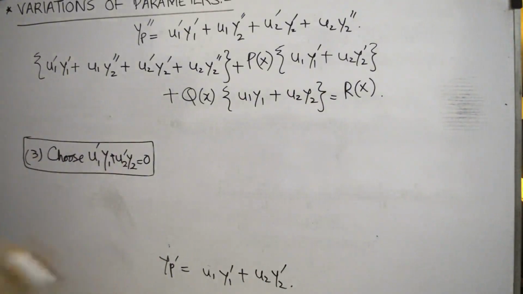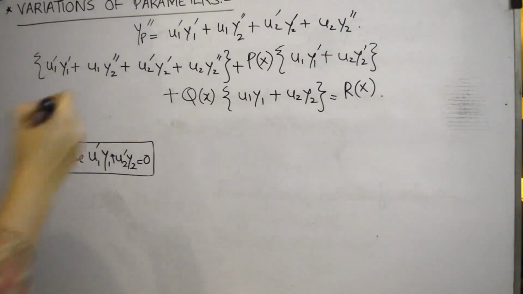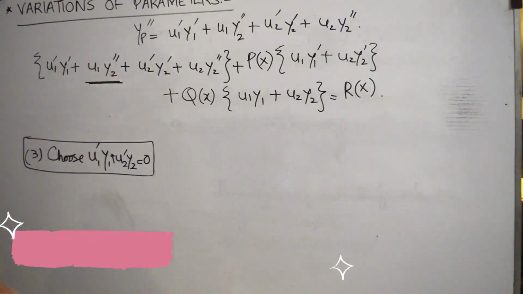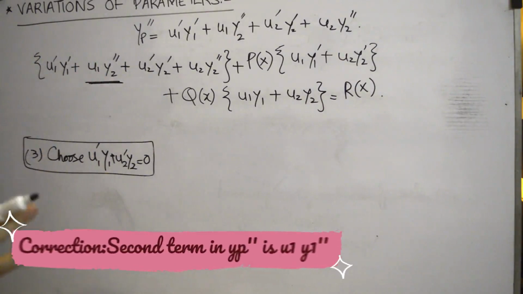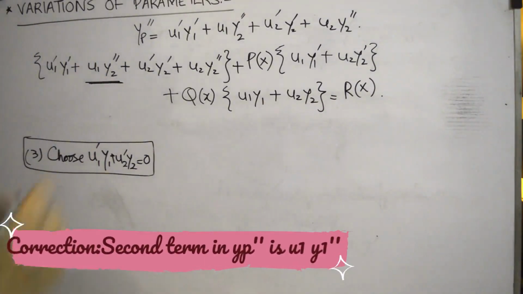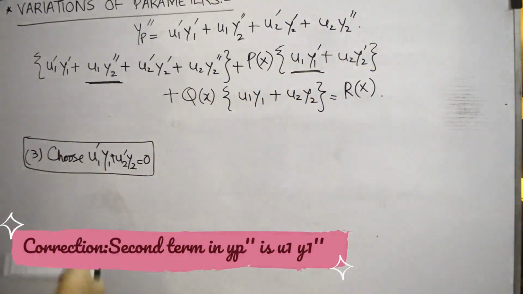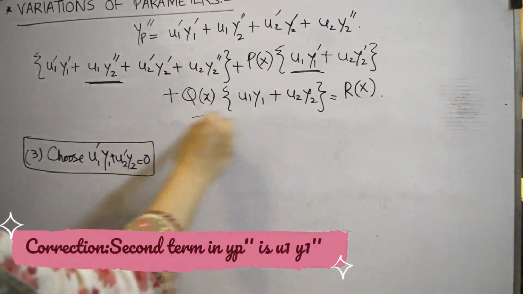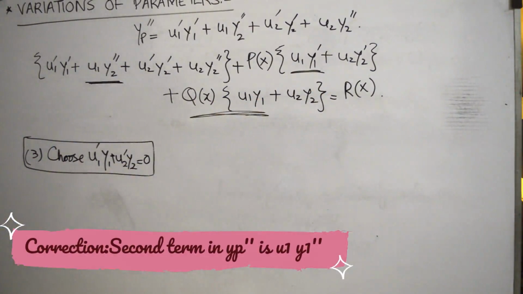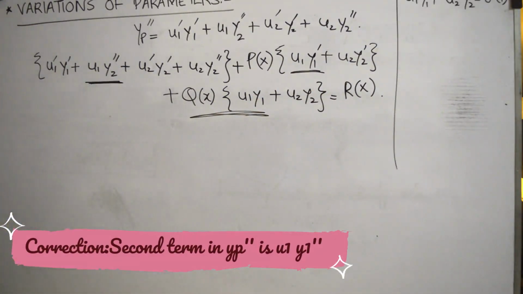Now just look at the homogeneous part. The homogeneous part is u1. So this is only the term of u1. It doesn't have a derivative of u1. It's only u1, and this is also a term. You have to select these u1 terms and write them in combination, that is you have to take it common.